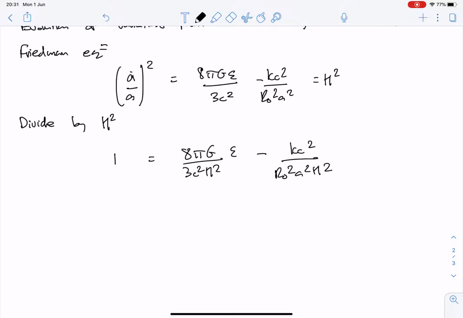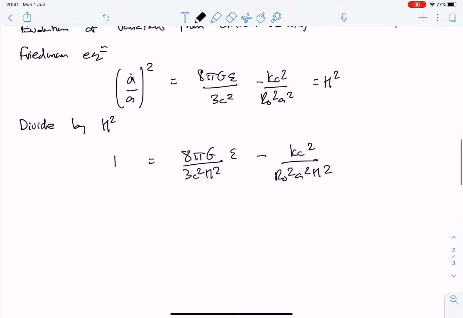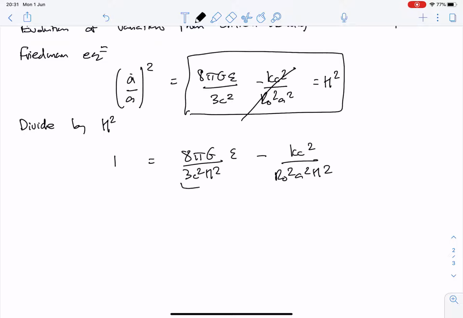And then I notice, if I look at the Friedmann equation up here for a flat universe, so if I look at this equation and I strike that out because I'm interested in the flat universe, then 8 pi G over 3c squared is just 1 over the critical density.